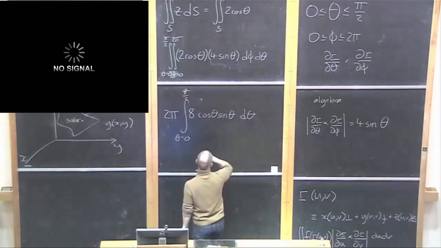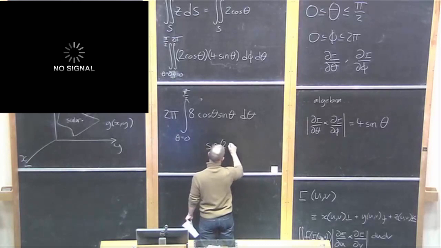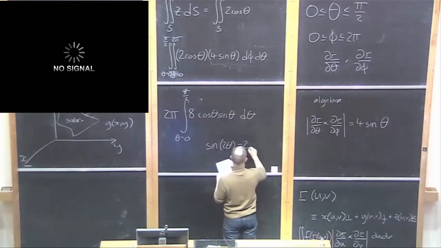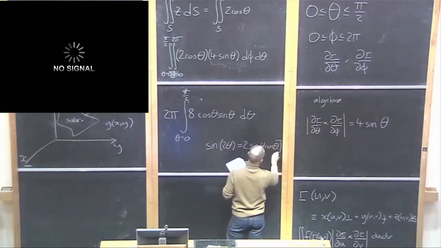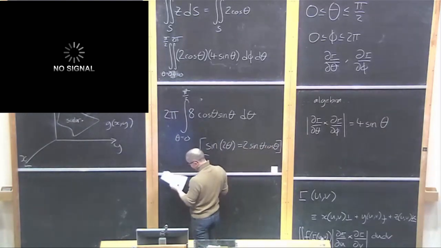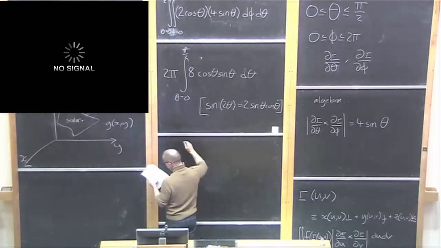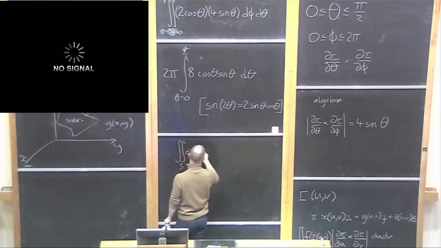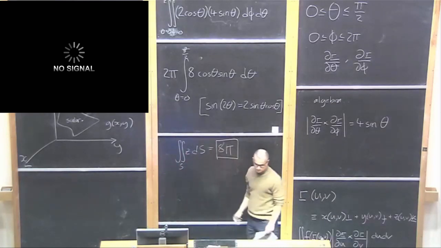In order to solve this, I can use the double angle substitution, which tells me that sine 2 theta equals 2 sine theta cos theta. So I use this substitution. And when I put this all together, I find that my surface integral in this case equals 8 pi.